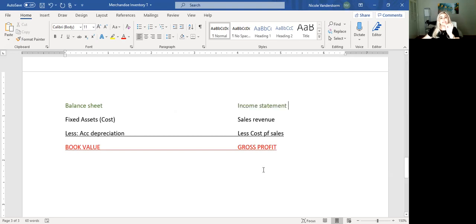All right, so this means that every time there is a sales transaction, instead of just having one journal entry, you're going to be having two. So the first piece is going to be this.